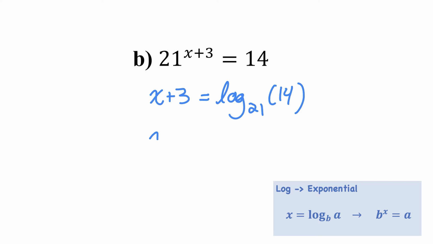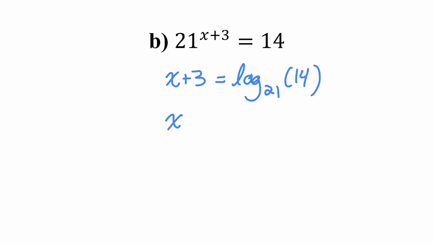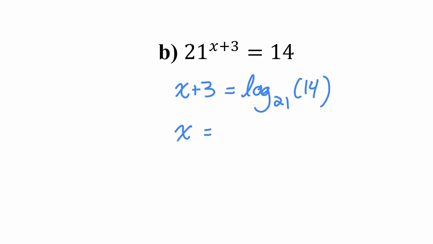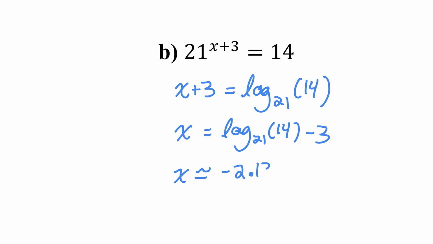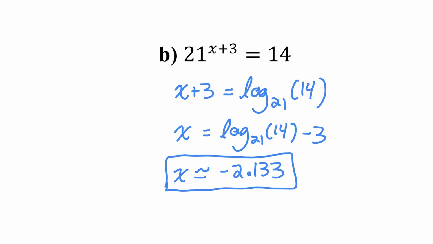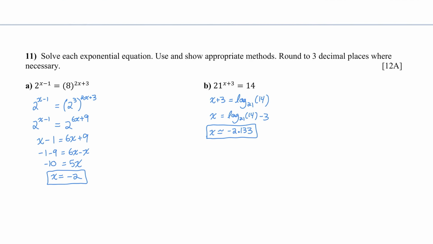And to isolate the x, all I have to do is subtract the 3 to the other side. So log base 21 of 14 minus 3. That would be the exact value. I can evaluate that on my calculator to get an approximate value. I get about negative 2.133.